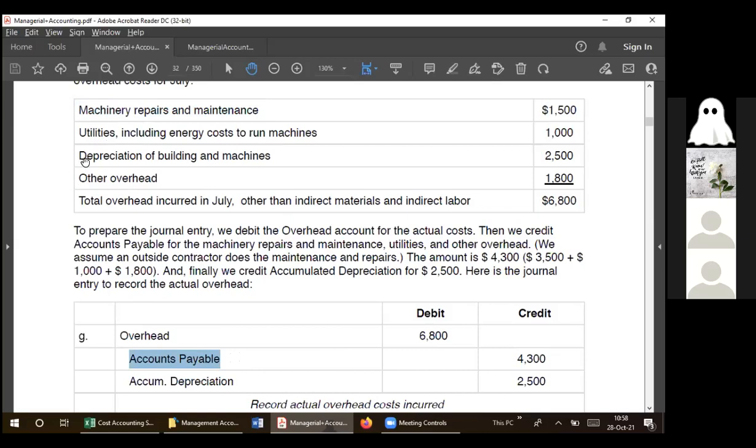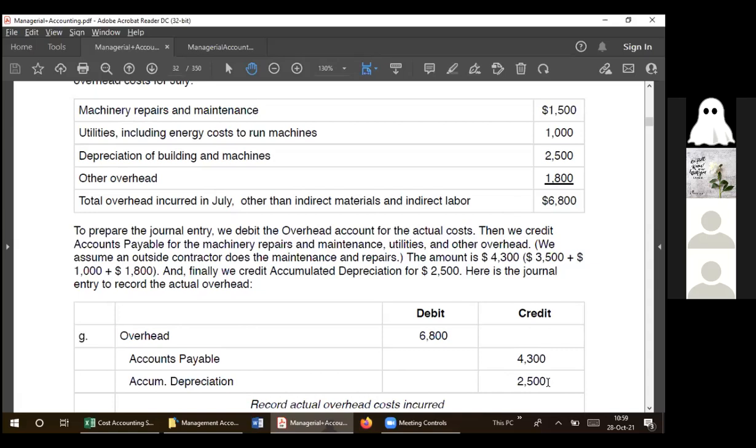Then we have depreciation. Now depreciation does not involve cash because depreciation is just an expense applied on your machinery. It is not money you gave to somebody. So that's why we do not put that in cash. That is put into accumulated depreciation. Whereas other overheads can also be put into cash. 1,800. So 4,300 cash credit and depreciation 2,500.